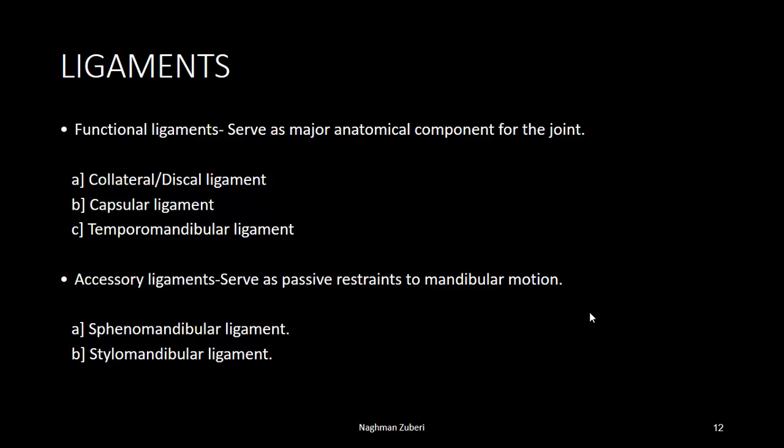The functional ligaments serve as major anatomical component for the joint, like collateral discal ligament, capsular ligament, and temporomandibular ligament. The collateral or discal ligament keeps the disc adapted to the condyle. The capsular ligament, I just showed you the capsule which covers the condyle all around.